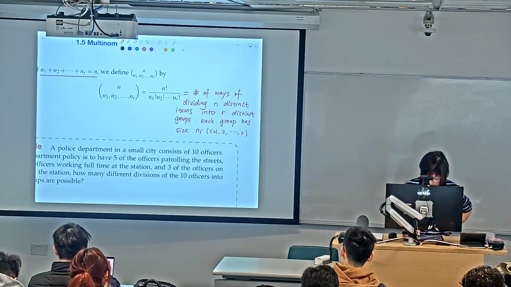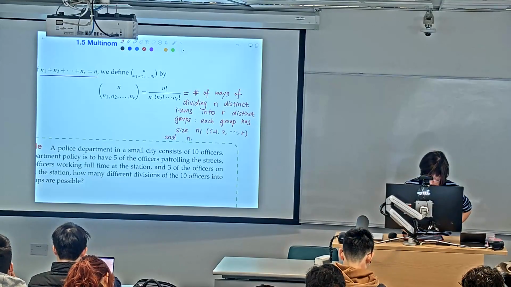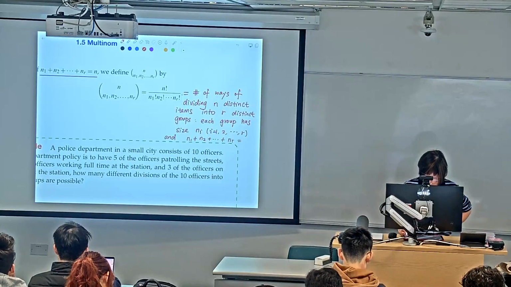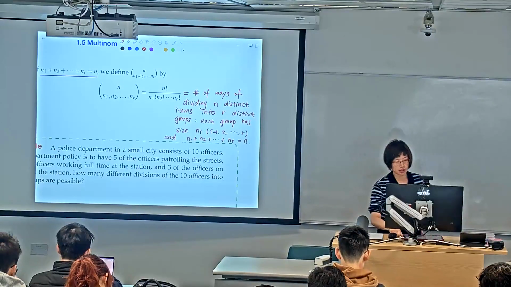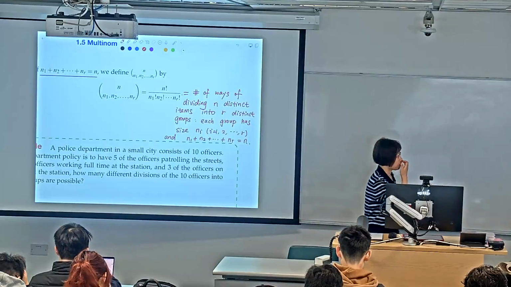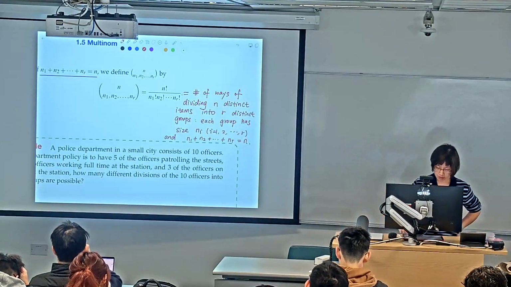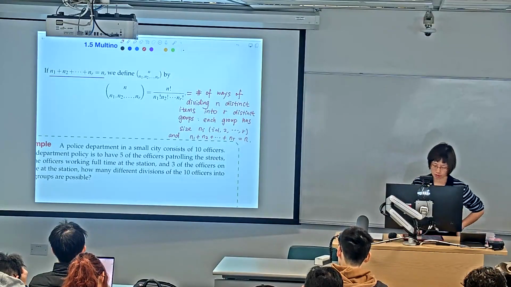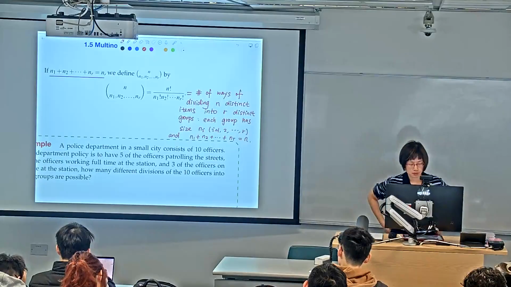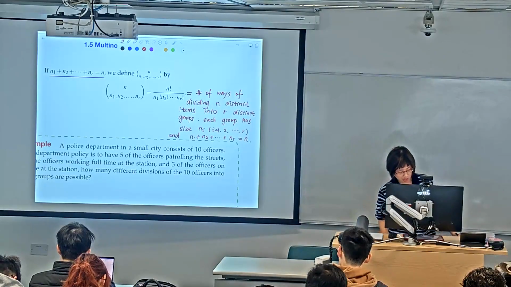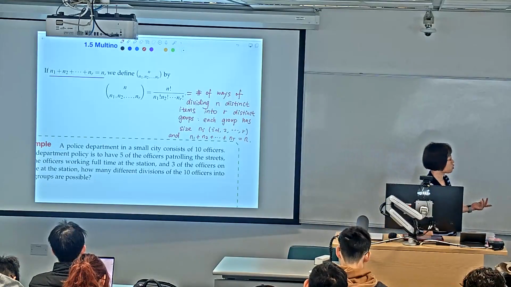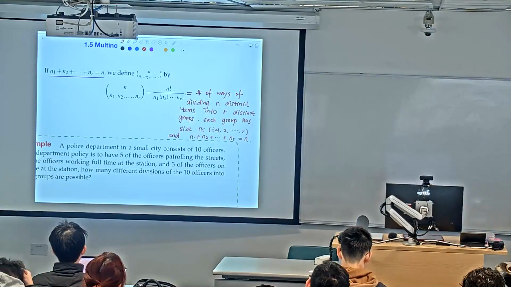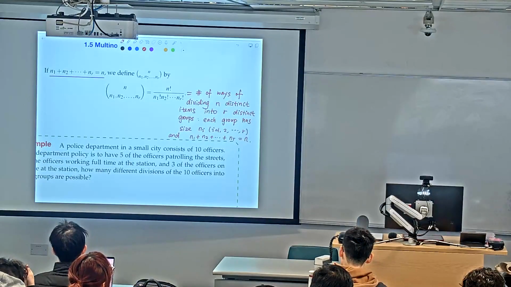And also, if you sum up their sizes, this is equal to n. Okay, so this is what this multinomial coefficient represents. For the binomial coefficient, that's the case r equals 2. You can just use n choose n1, or you can also write n choose n1, n2. It's the same.